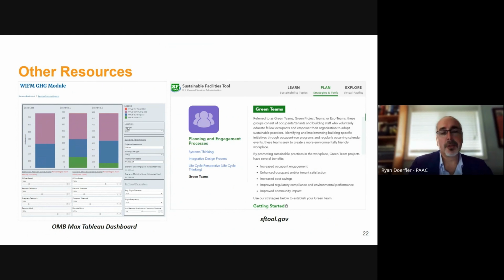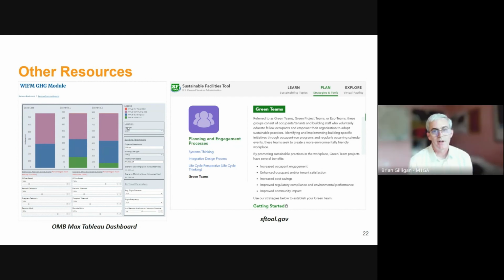Do you want to talk a little bit more about the OMB Max and the SF tool? Sure, happy to do that. So as Ryan mentioned early in the presentation, the WIFM is a spreadsheet-based tool. We have also pulled out the carbon estimation portion of the tool, without a lot of the ability to make the back-end changes that Ryan has built into the WIFM spreadsheet.